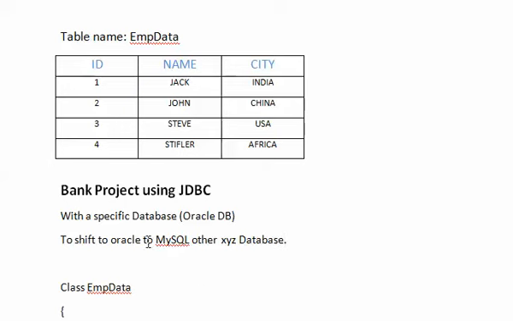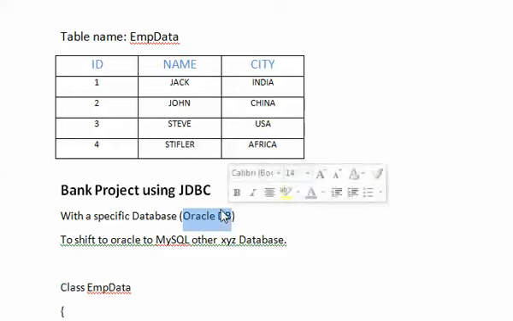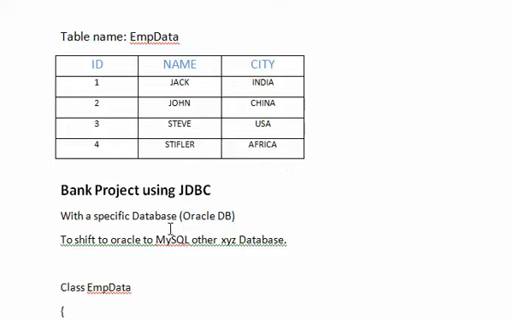In this case, Oracle's functional operations, for example, Oracle has a function called ROWNUM. In simple words, the query writing and function names are slightly different compared with MySQL, like the select operations.